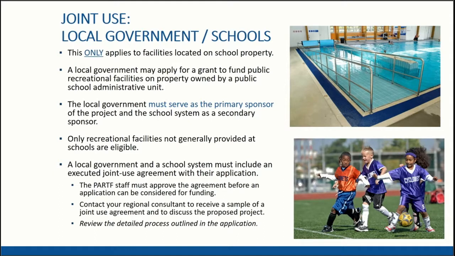So if you have that and you're working on that, go ahead and send it to us. But it would be submitted with the application. And RRS can always provide a sample of a joint use agreement if you want to see what else has been used around the state. So there's a lot of great communities that do these collaborative projects. Again, review the detailed process that's outlined in the application.